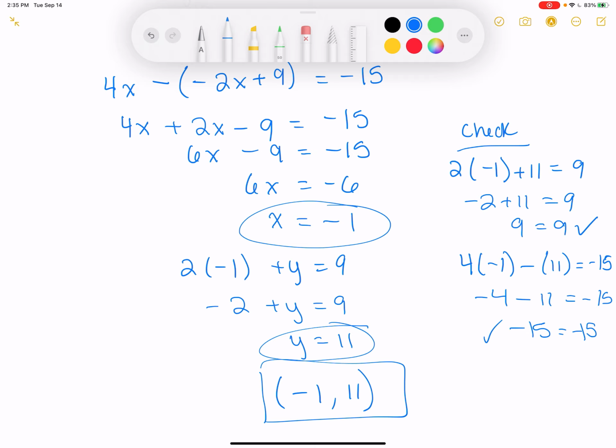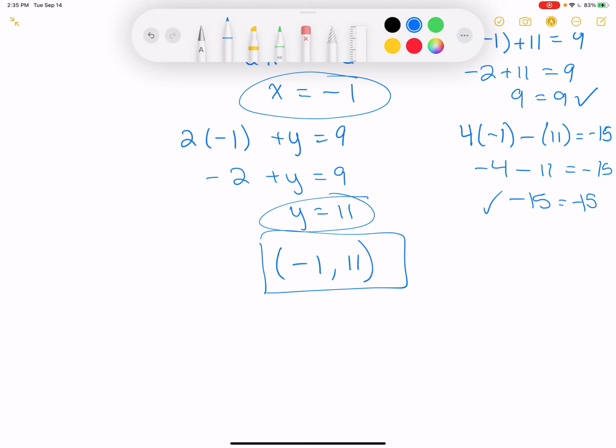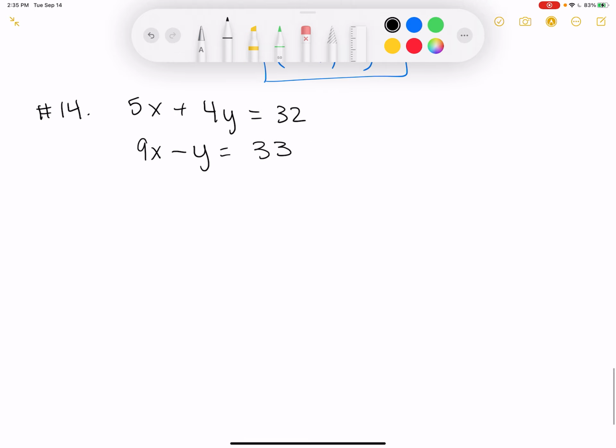All right, you guys ready to try one on your own? Try 14. It's 5x plus 4y is equal to 32, and 9x minus y is equal to 33.